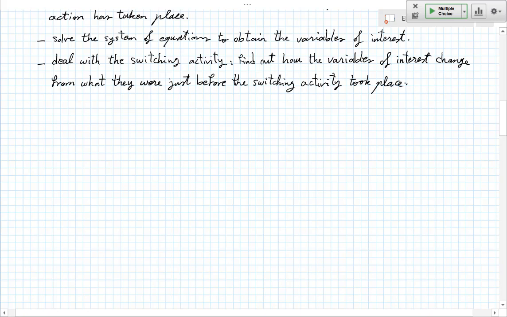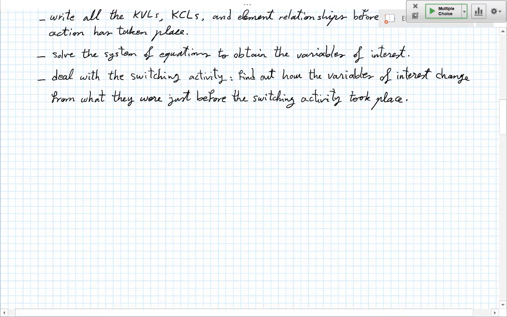So if you're dealing with some abrupt change, you're really looking at what happens in no time at all, from just before to just after that change.